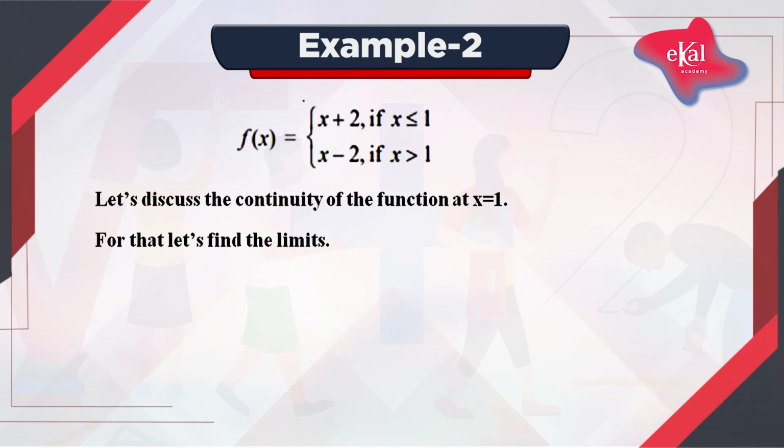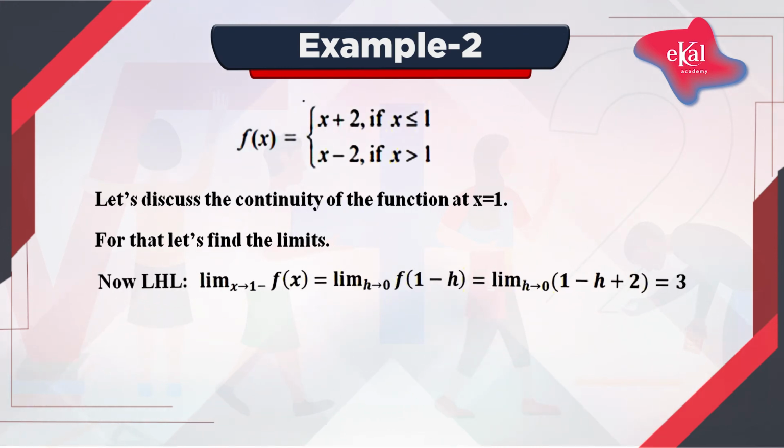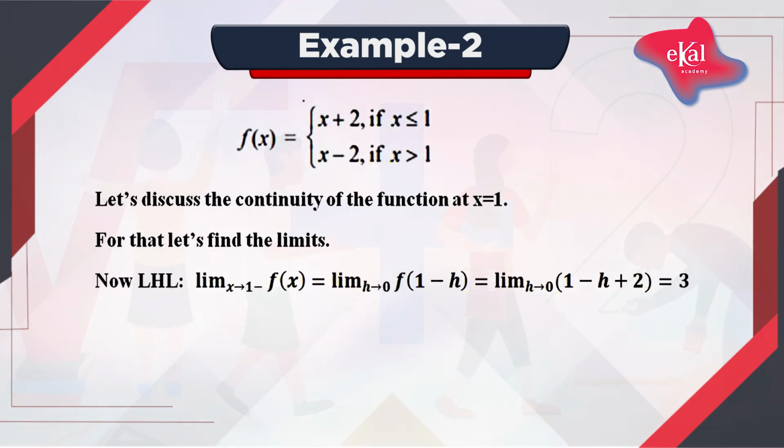For that we have to find the limits. The left hand limit, x tends to 1 minus f of x, which means limit h tends to 0 of f of 1 minus h, for some positive quantity h.